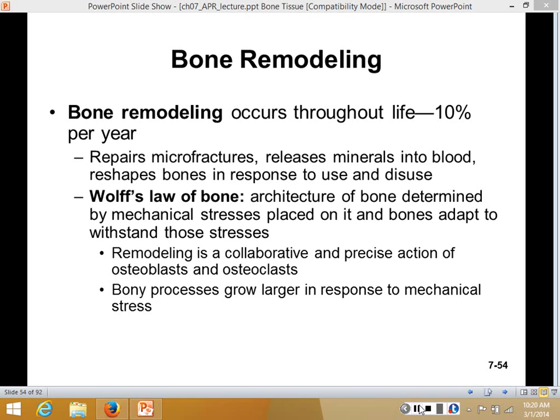So that old lady, she has the widow's hump. Your spine becomes compressed. If you look at letter B, the spine becomes compressed. And of course, letter C, she has the little widow's hump or kyphosis. And people with osteoporosis are more prone to fractures of the hip, this part right here, between this part here, okay, fractures.